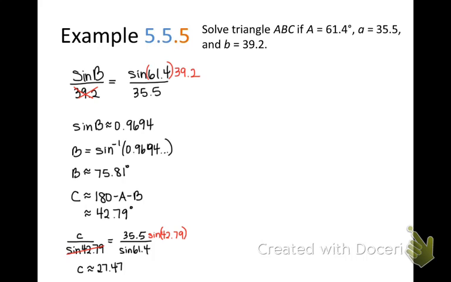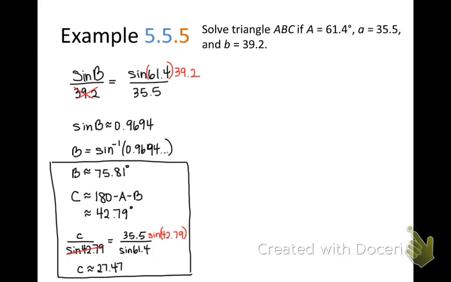Yes. The problem is that this right here is only one possible solution set. There is a chance that there is a second triangle. Why is that? Because think about when you're doing that sine inverse step, it's always giving you an angle in the first quadrant, right? So when they give you that 75.81 for angle B, that's right here.